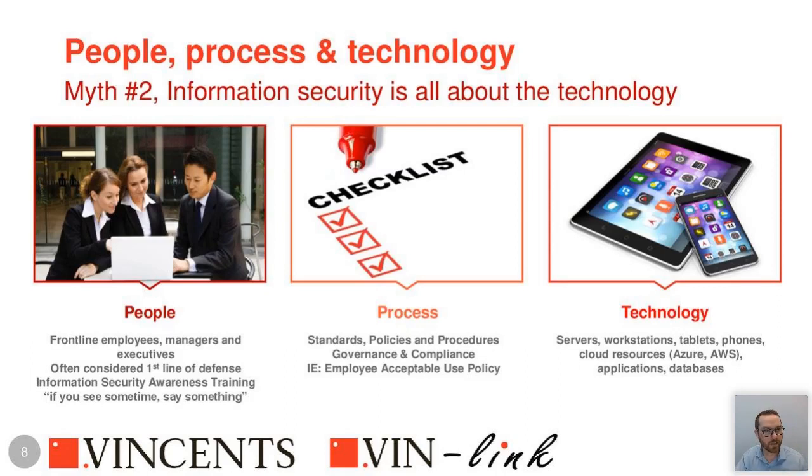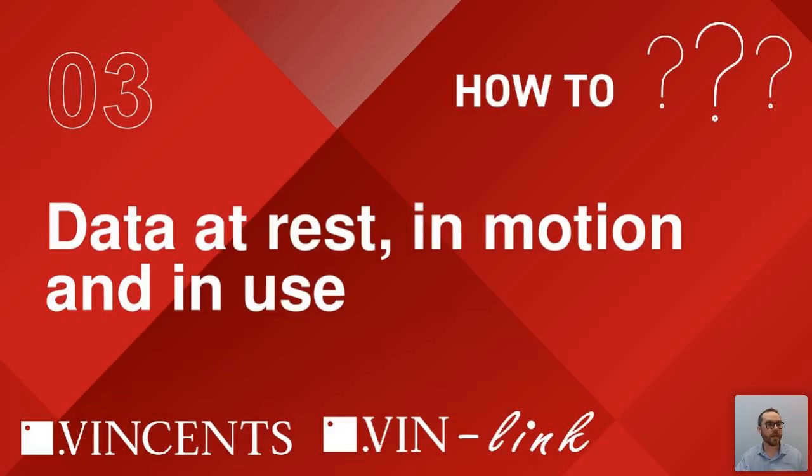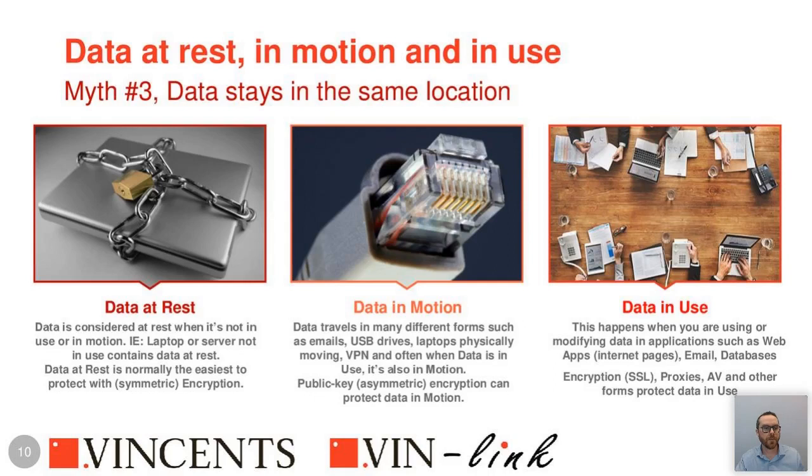We'll go to our next topic. So this is another good one: data at rest, in motion, and in use. All right, so our myth number 3: data stays in the same location. I've heard it time and time again in my career when you're having conversations and it's like, well, why is it so hard to protect data?